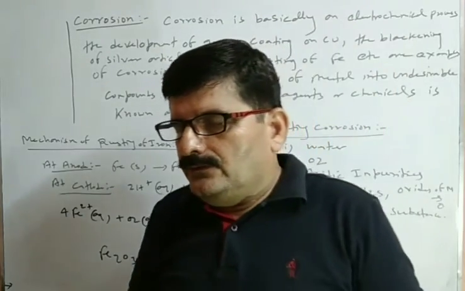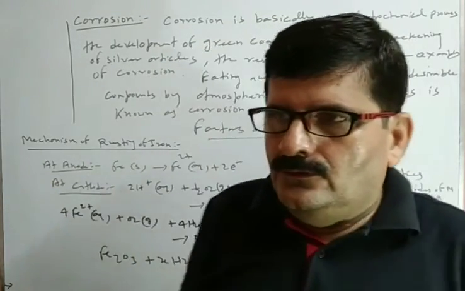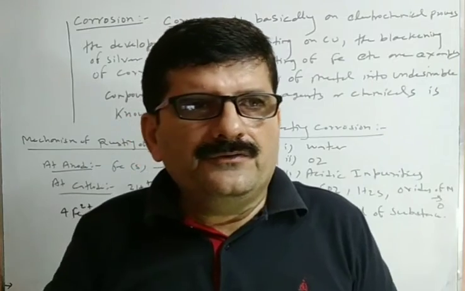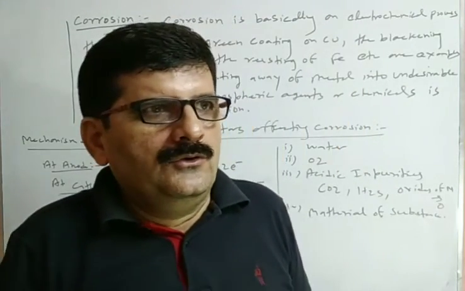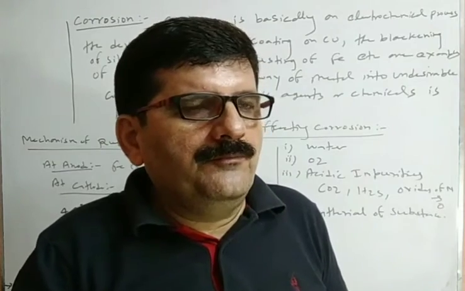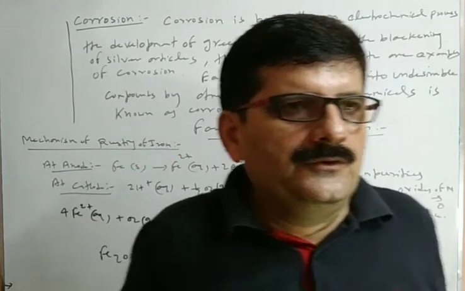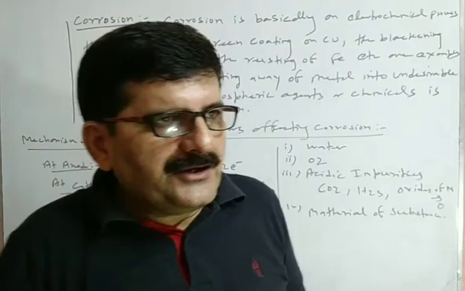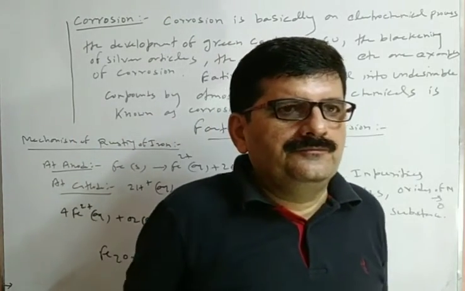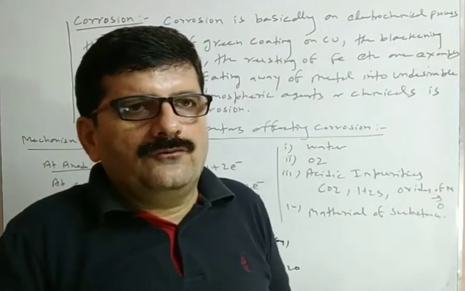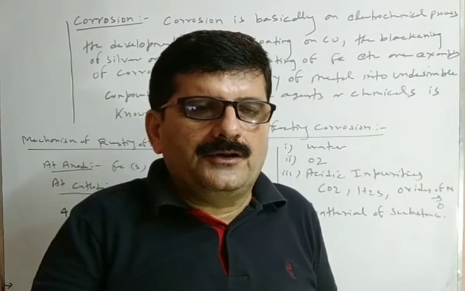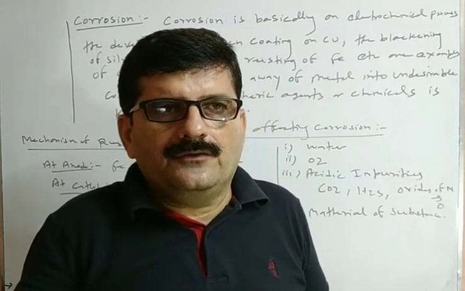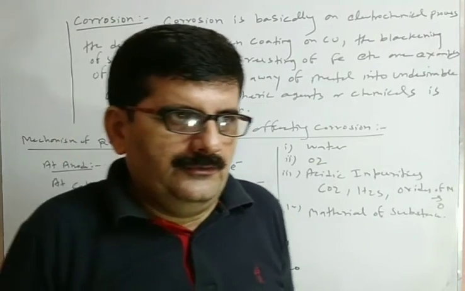Our last topic is corrosion. Corrosion is an electrochemical process, that is, redox reactions are possible in corrosion. Generally, blackening of silver articles, rusting of iron, development of green coating on copper articles, etc. are examples of what? Rusting.